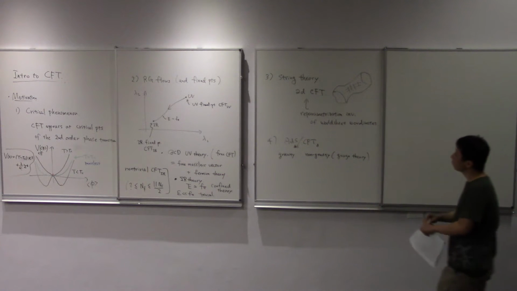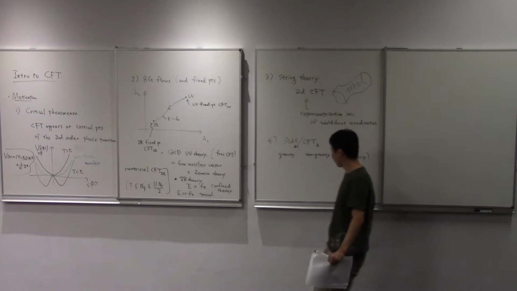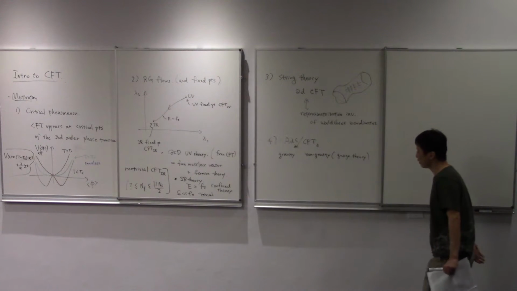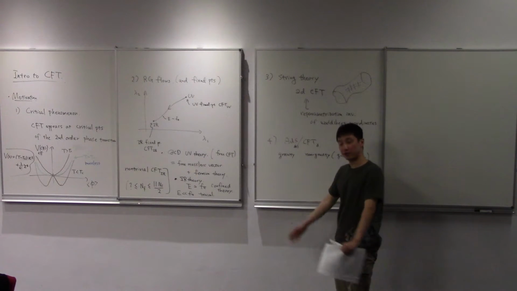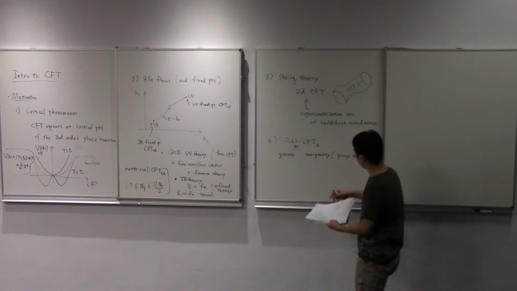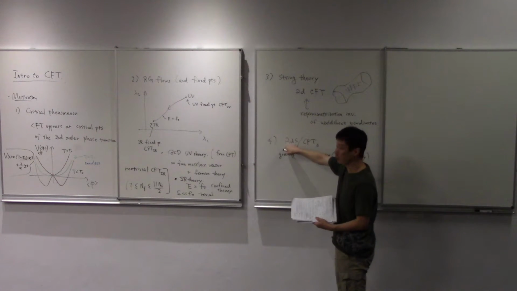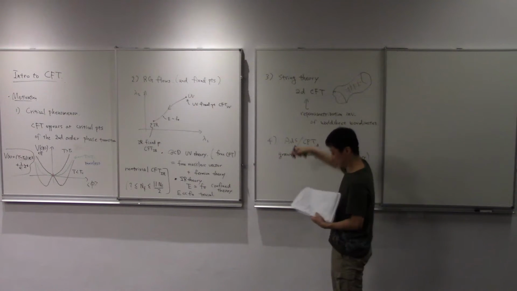So the quantum theory of gravity is the same as a quantum theory of a non-gravitational theory. I will not go into this, but you will see a little hint of this duality.